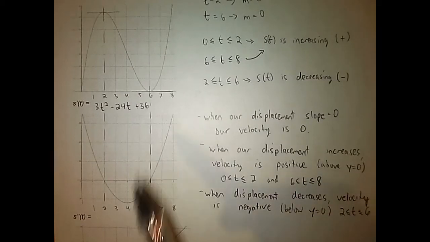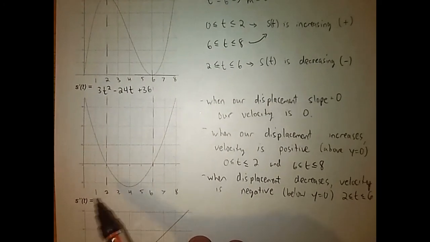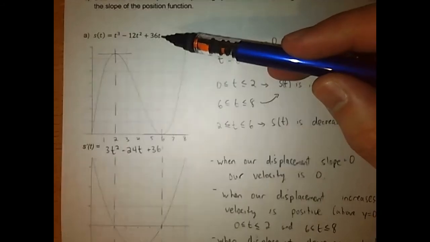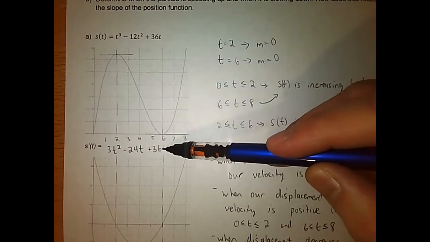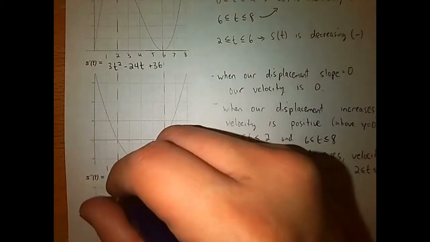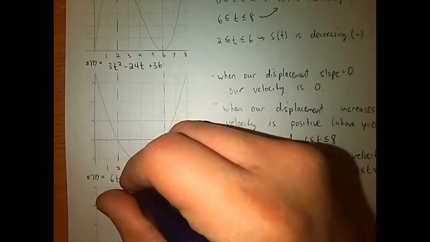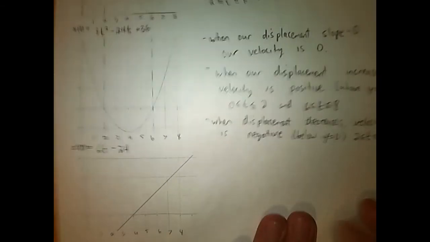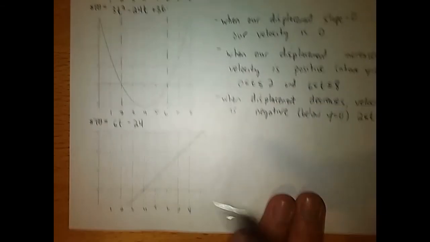Lastly, we can find the acceleration equation, or the double derivative of s at t. I could do the derivative of this twice, but since I took the derivative once, if I take the derivative of this, I'll get the derivative of that. So I'm going to get 6t minus 24, which looks like this. As a graph, it's a linear equation, so we're going to have a straight line.